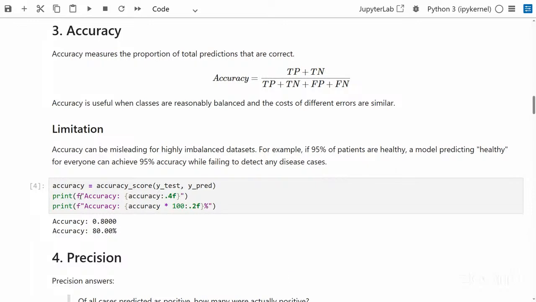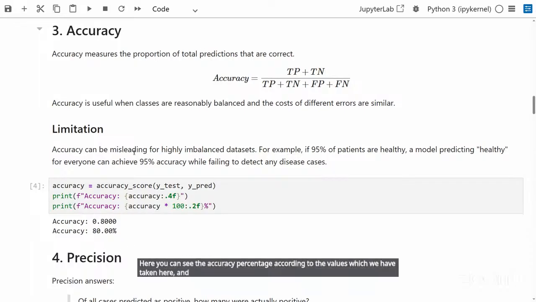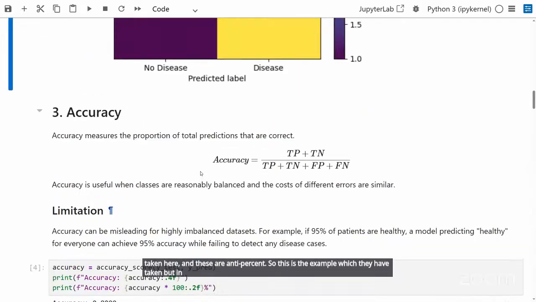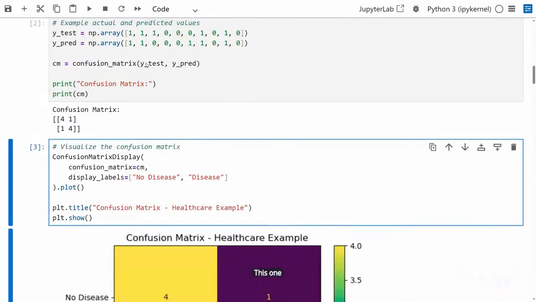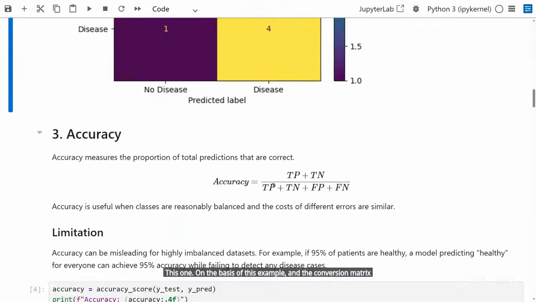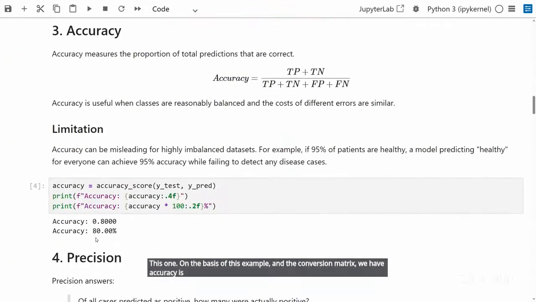Okay, so here you can see the accuracy percentage according to the values which we have taken here, and this is 80%. So this is the example which they took here. Okay, but in our data set, on the basis of this example and the confusion matrix, we have accuracy of 80%.